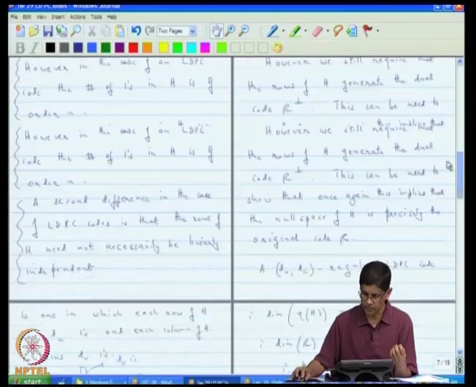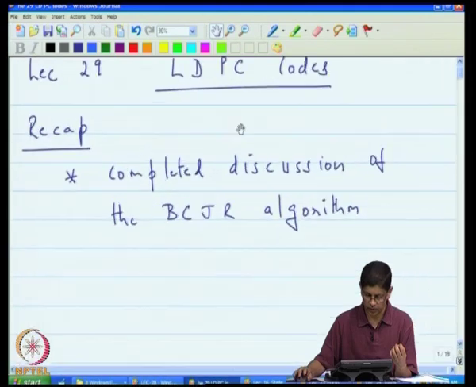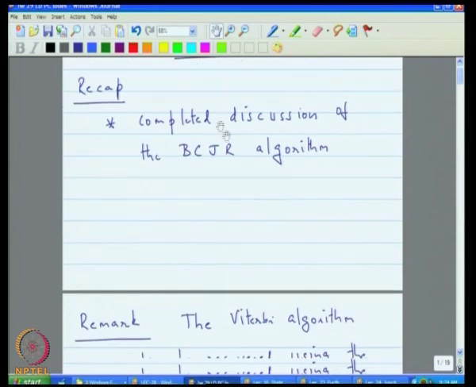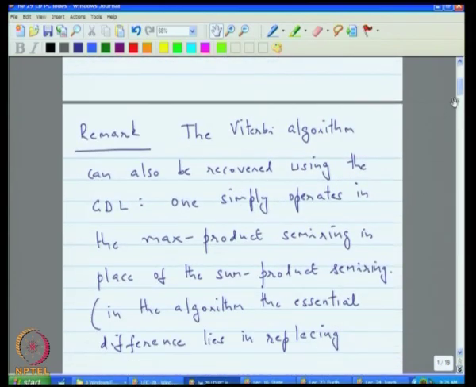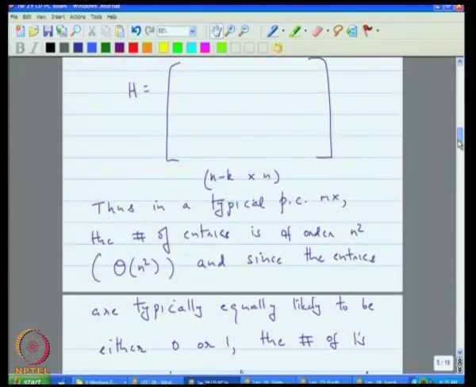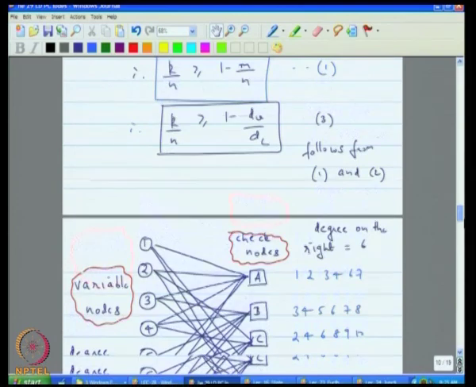Anyway, since we have just about a minute left, let me summarize. What we did today was introduce a new topic, LDPC codes, and I tried to explain why these are of interest, how the name low density arises, and how you can estimate the rate of the code.